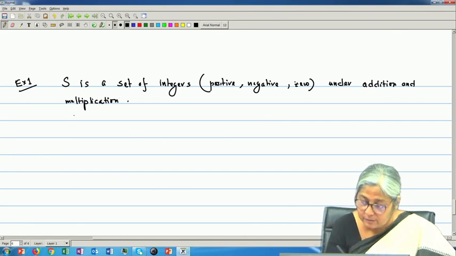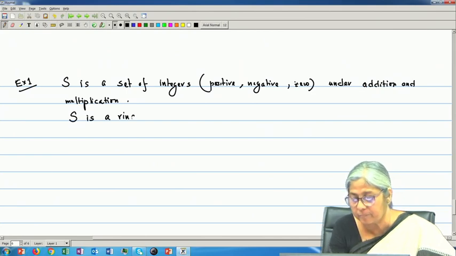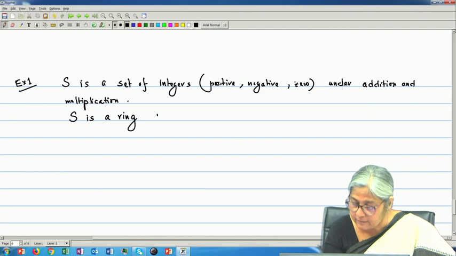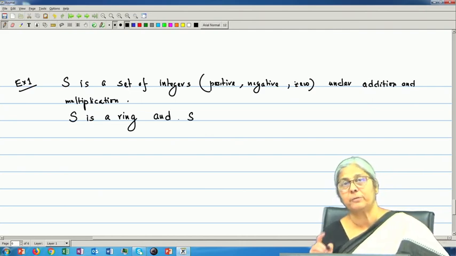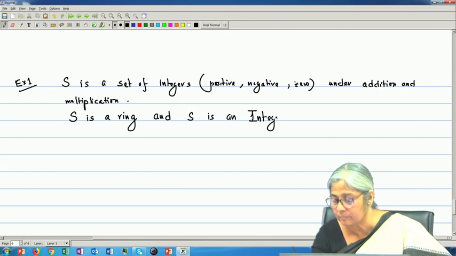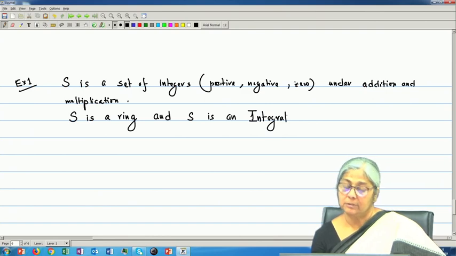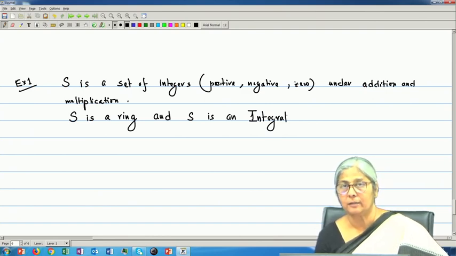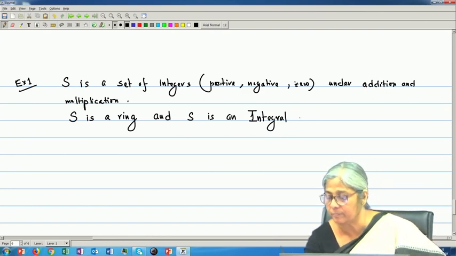Then S is a ring first, and the additional 3 properties also hold. So, S is an integral domain. That means it is a commutative ring with multiplicative identity and with no zero divisors.